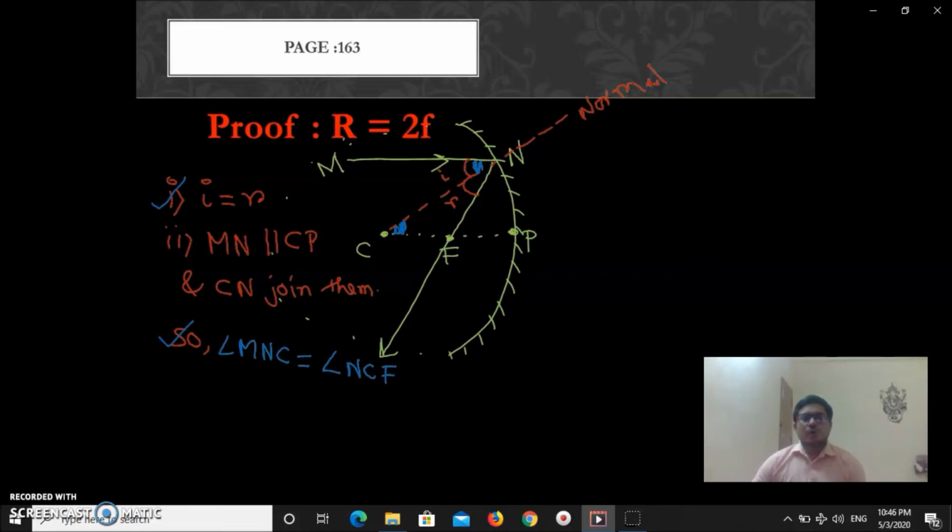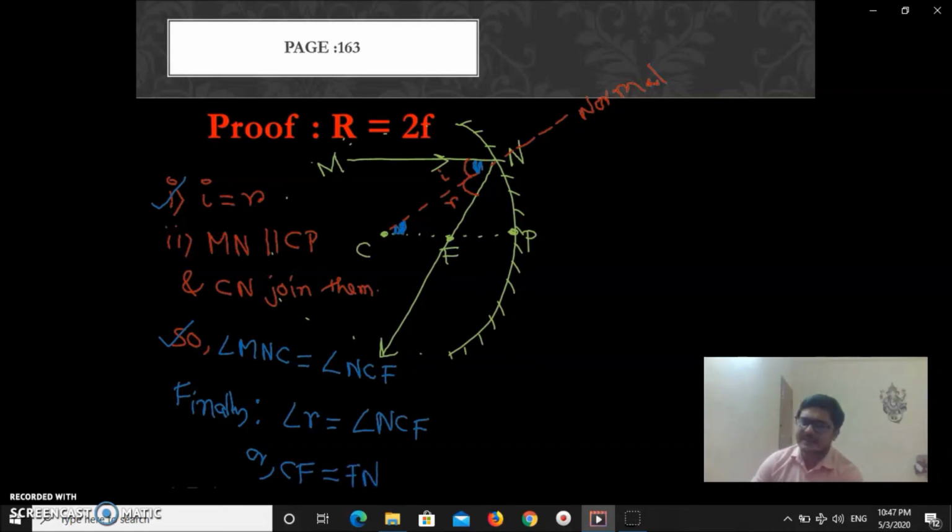Clear? So if we merge conclusion 1 and conclusion 2, what will we get? Yes, you are correct. Finally, we will get that angle R equals angle NCF. Clear? We know the sides opposite to equal angles will also be the same. So we can write CF equals FN.